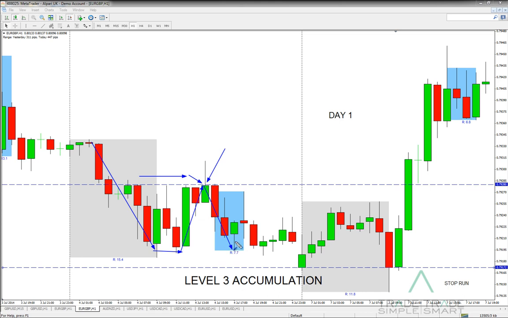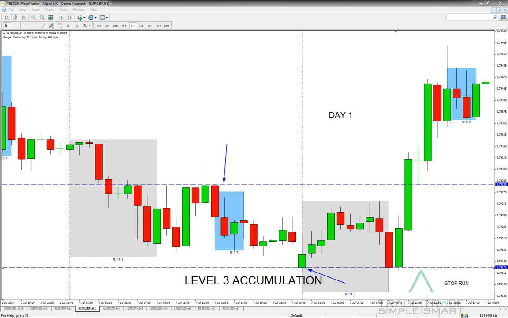The market then continues to trade down, and we see a level of support established leading into the second day of accumulation. So once we have the high of the accumulation range set, a level of resistance, and an established low, we now have a level of support.